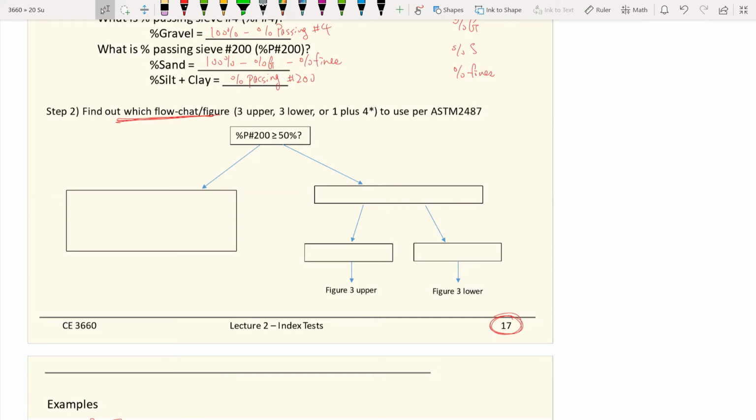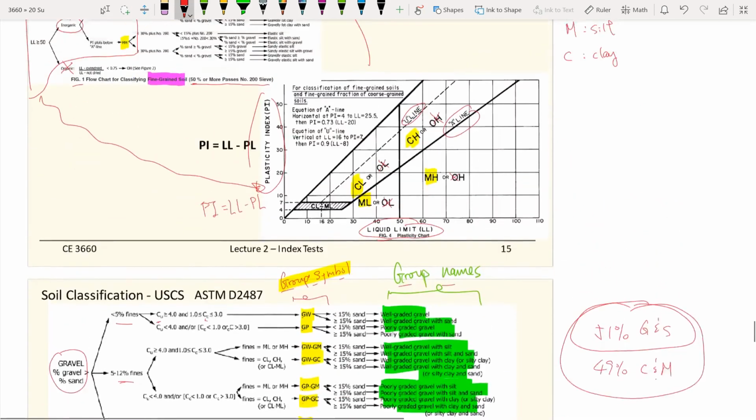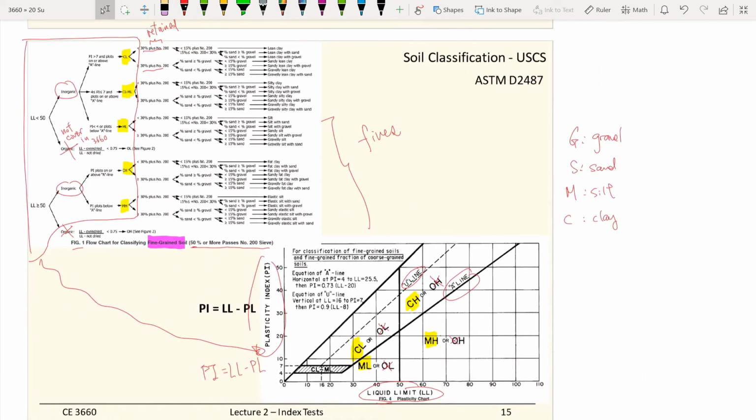If the percent passing number 200 is greater than 50%, then yes, you know this is a fine-grained soil. Then the figures you should use are figure 1 and figure 4 of ASTM D2487.